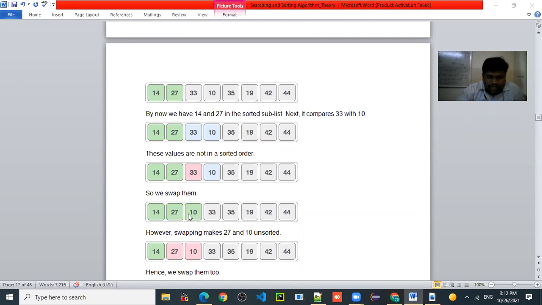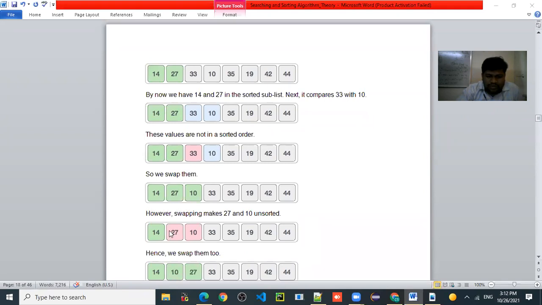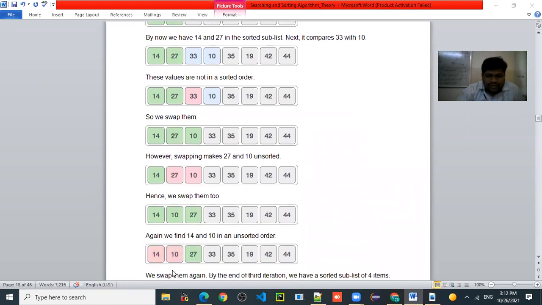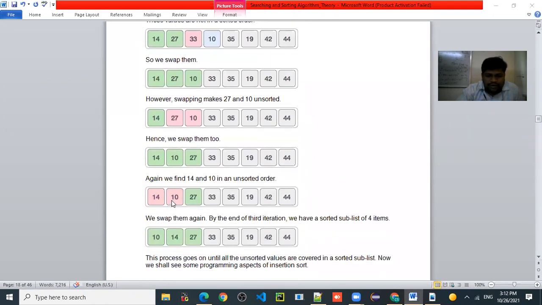So 10 is compared with 27, 27 will be shifted here and 10 to the left side. Then 10 is compared with 14, and 14 is greater than 10, so the same procedure applies. So 10, 14 and 27 is the final sorted sublist we got.